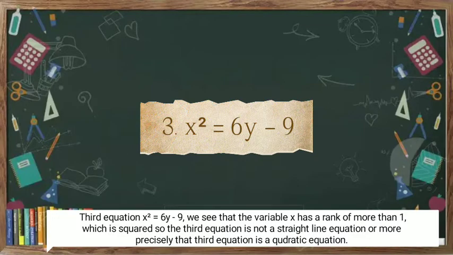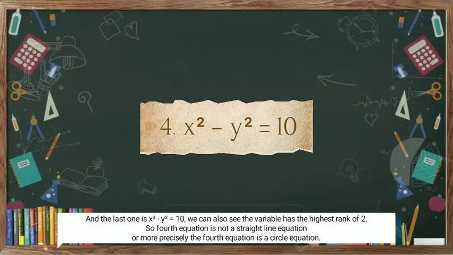Third equation, x squared equals 6y minus 9. We see that the variable x has a rank of more than 1, which is squared, so the third equation is not a straight line equation, or more precisely, the third equation is a quadratic equation.